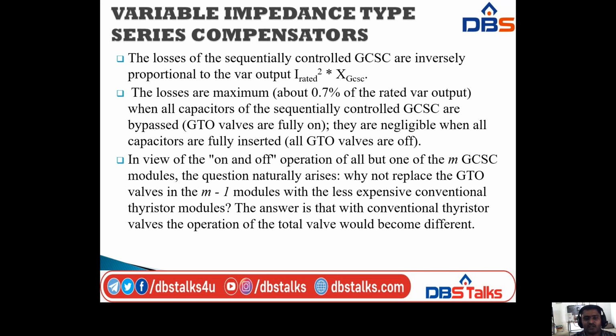Next, in view of the on and off operation of all but one of the GCSC modules, the question arises: why not replace the GTO valves in the m-1 modules with less expensive conventional thyristor valves?